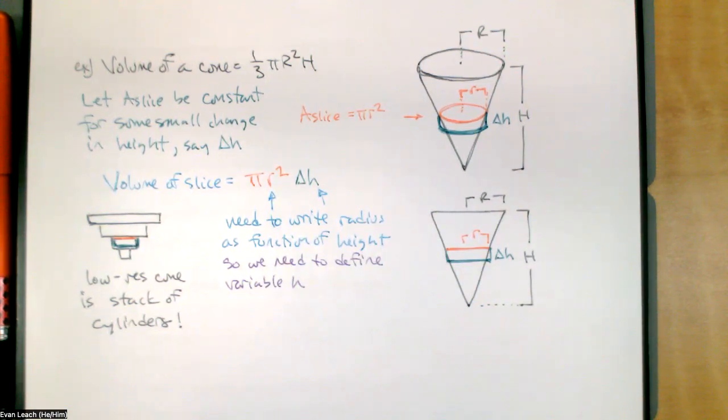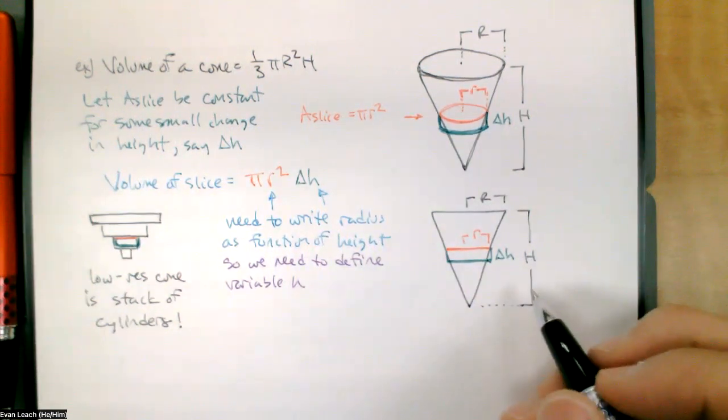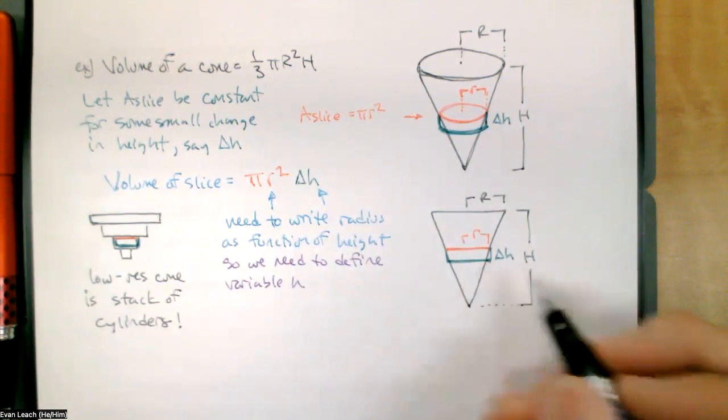There are a few places that we actually know. There are an uncountable infinity of places we could define h. There are only two that kind of make sense in the context of the problem. So we are going to define the variable h. Right now, h is just some vertical variable that we're defining. Let's make h the distance from the tip of the cone up to the slice.